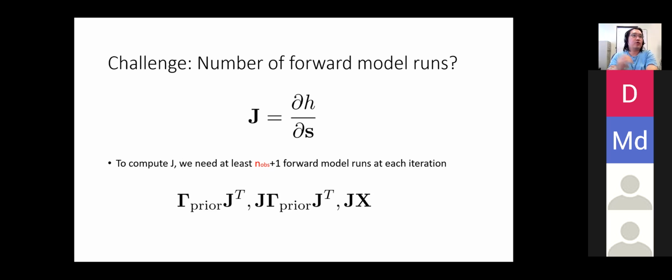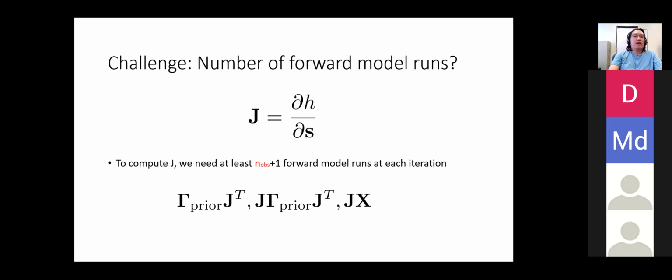So in a typical standard data assimilation problem, if you think about the observations being like a million, then for some vanilla applications you have to do a million numerical simulation runs. Maybe this will saturate your high performance computing clusters.